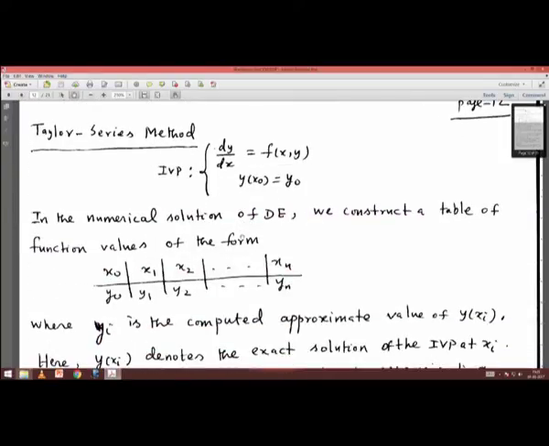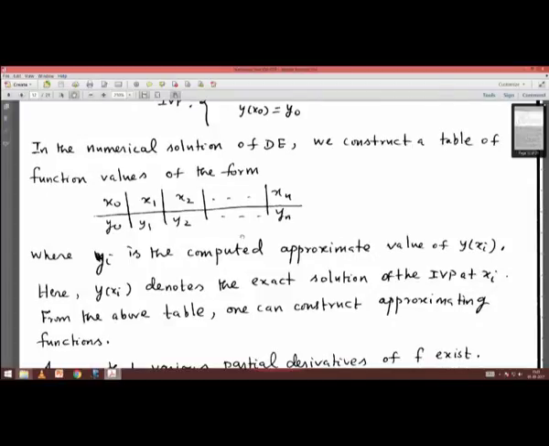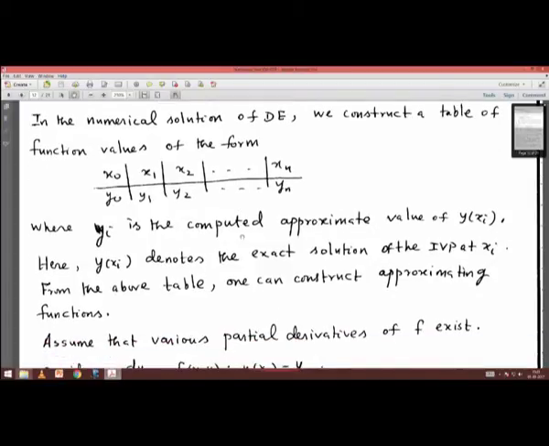So, in a Taylor series method, our goal is to solve an initial value problem dy by dx is equal to f of x comma y, subject to the condition that y of x naught is y naught. As we already remarked, we are trying to get a numerical solution of this differential equation.